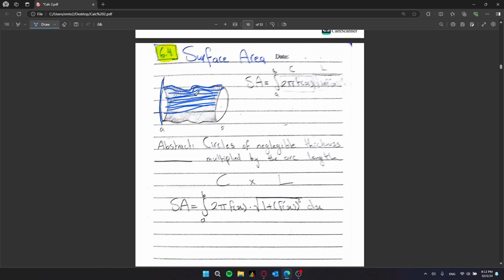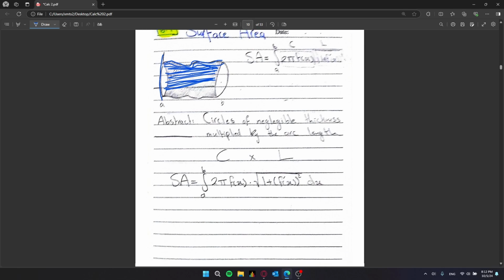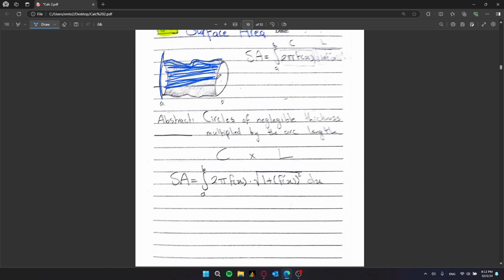So picture this as hundreds and thousands of lines all stacked right next to each other. You are finding the lengths of all of those, the areas of all of them, and you are adding them up. So, assuming that the thickness of the shape itself is negligible.